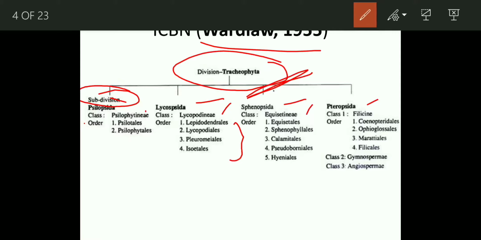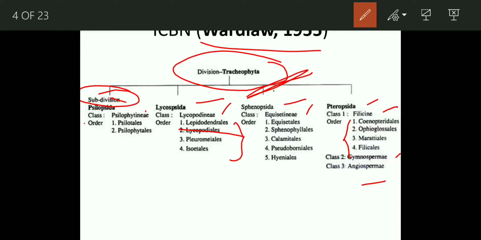Pteropsida had three classes: Filicinae, Gymnospermae and Angiospermae, with Filicinae having four orders. So the classes and orders are almost the same, but the terms we used as phylum, groups or subgroups have now been modified into divisions and subdivisions. This is the ICBN system of classification, and these days we follow that system.